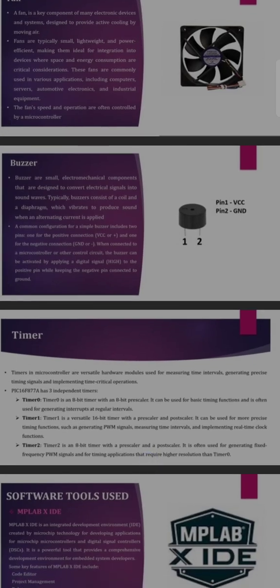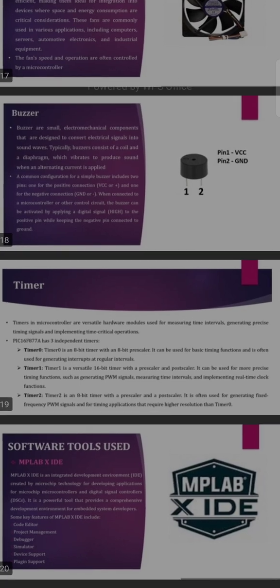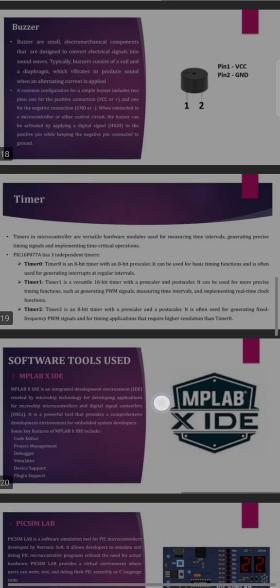There are two connections: the positive connection is for VCC and the negative connection is ground. When connected to a microcontroller or other control circuit, the buzzer can be activated by applying a digital output high to the positive pin while keeping the negative pin connected to ground.